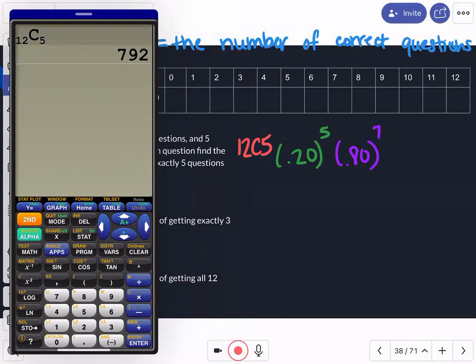There are 792 different ways to get 5 questions correct out of 12 things on this test. Multiply that times 0.2 raised to the 5th, and multiply that times 0.8 raised to the 7th.